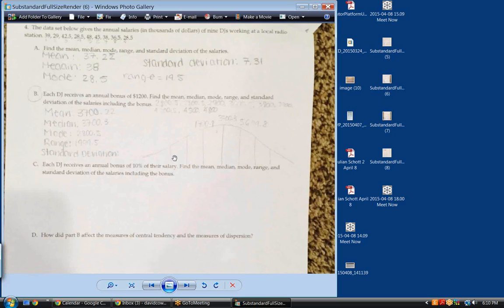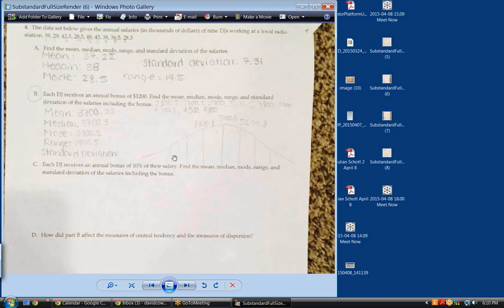Let's see. B. Each DJ receives an annual bonus of $1,200. Find the mean, all of these things, including the bonus. So we just take the numbers that we have and add 1,200 to it and redo it, right?